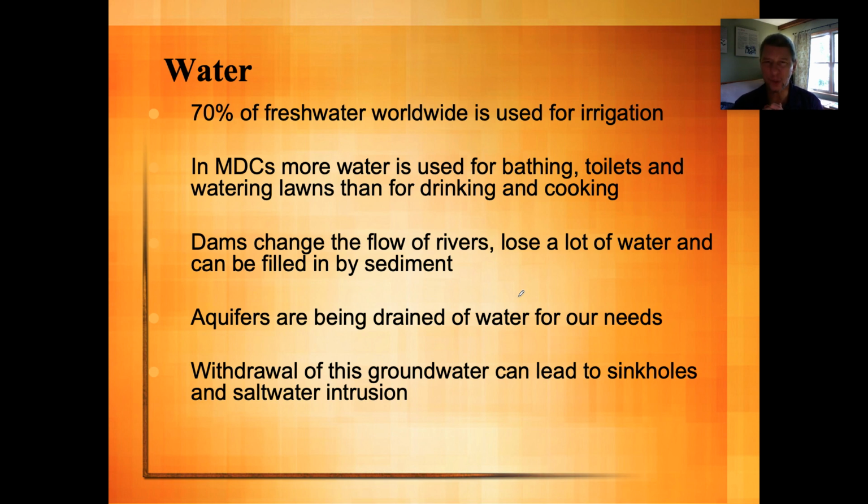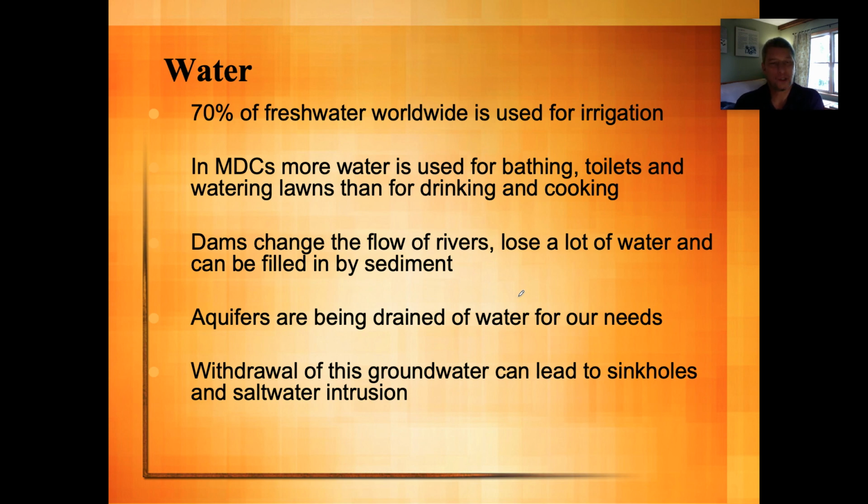So 70% is used to grow our food. In more developed countries, we use more water for taking showers and baths and flushing toilets and watering lawns than we do for drinking and cooking. But in less developed countries, they use the water for drinking and cooking more frequently.